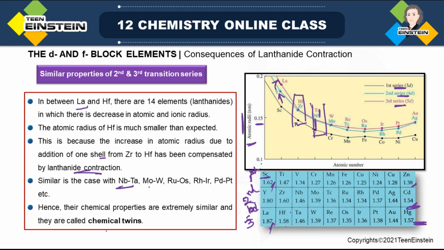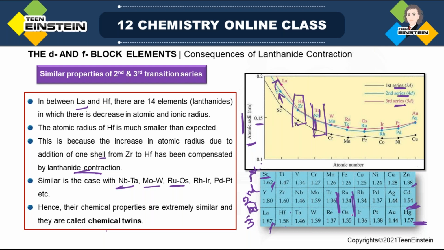And similar is the case for all these pairs: molybdenum, tungsten, technetium, rhenium, ruthenium, osmium, rhodium, iridium, Pd, Pt, palladium, platinum, silver, gold, cadmium, mercury. Fine. So because of this similarity in size, what happens?